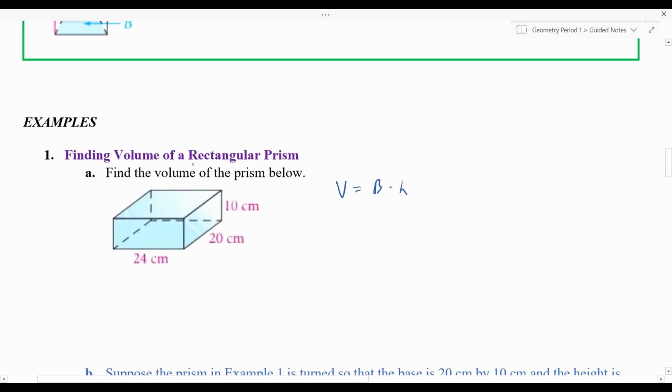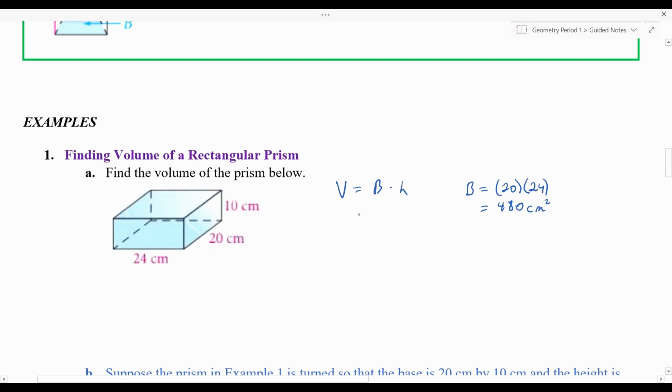Because we're dealing with rectangular prisms, the bases are rectangles, so the area of the base, B, is length times width. We have 20 times 24, which gives 480. Since B is area, that's 480 centimeters squared.